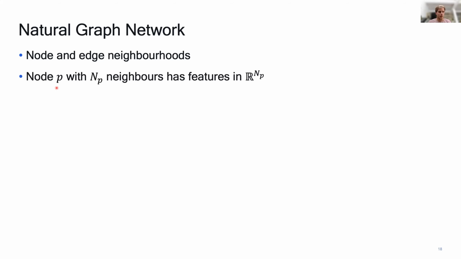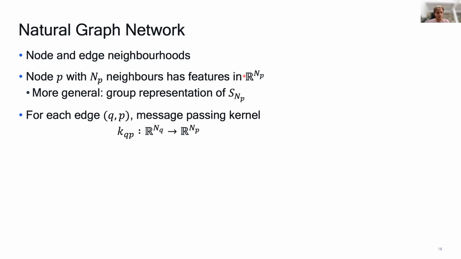Then if the node has NP neighbors, we have some feature that is NP dimensional. So one feature dimension for each neighbor. And you can generalize it with the theory of groups. So we could take an arbitrary group representation of the group of permutations over NP symbols. But for simplicity, let's just think of these features for now.